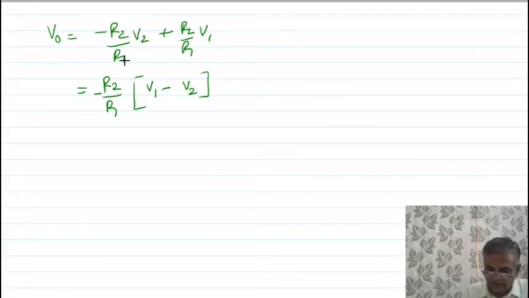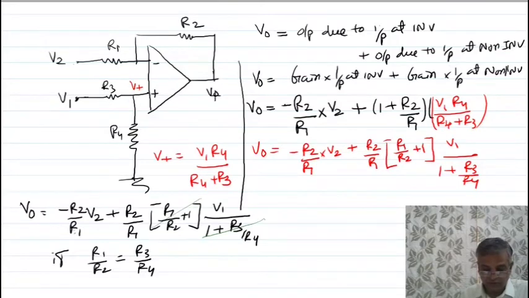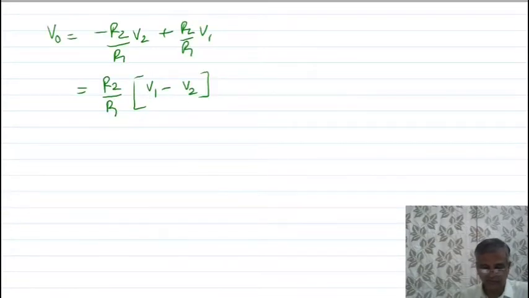See, remember, in so many lectures we have discussed that the output voltage is nothing but proportional to this voltage minus this voltage, means proportional to V non-inverting minus V inverting. So you will get a similar type of equation, V1 minus V2.